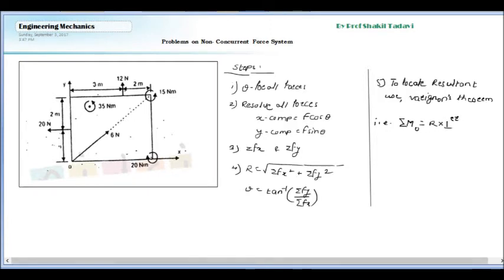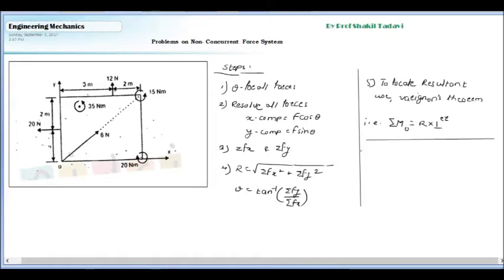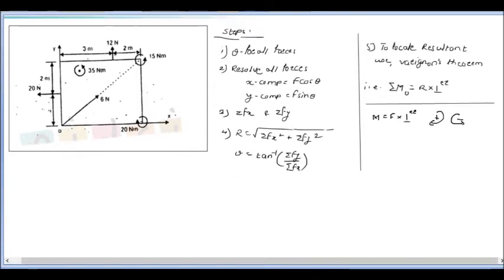And once again, to calculate moment we always use the formula F into perpendicular distance, and the sign convention is clockwise as positive, anti-clockwise as negative. So all these things are required, and we are going to use them to solve this problem.